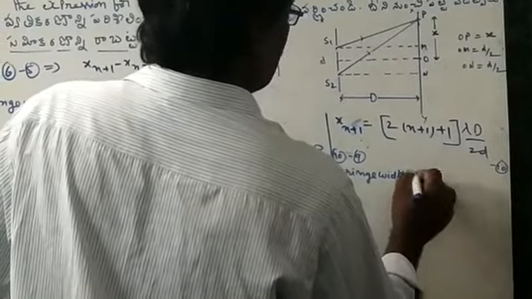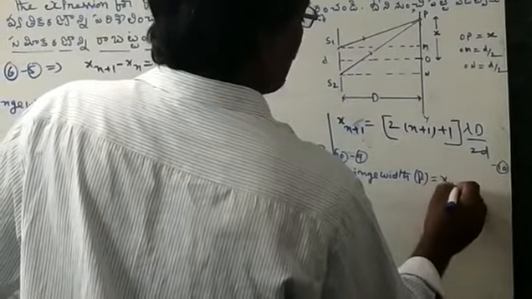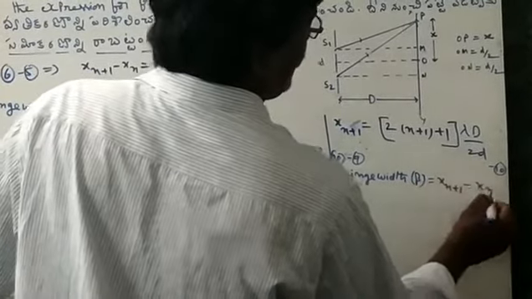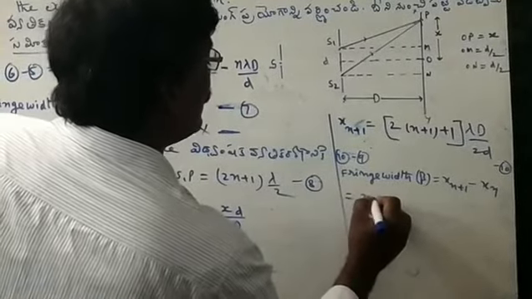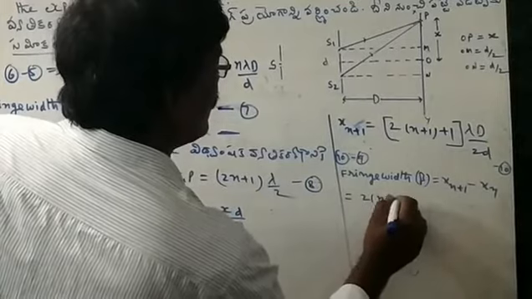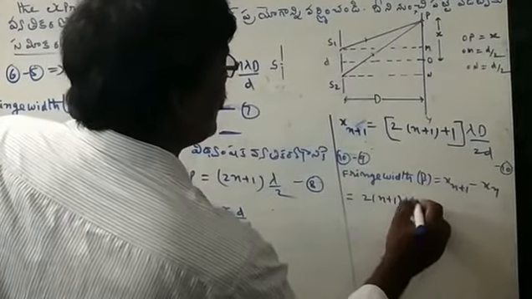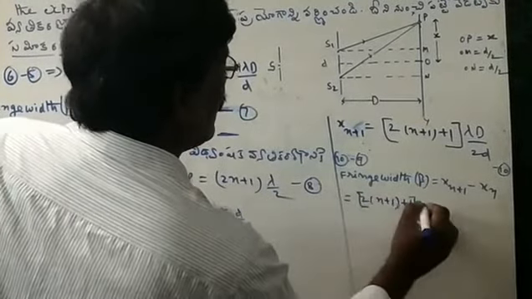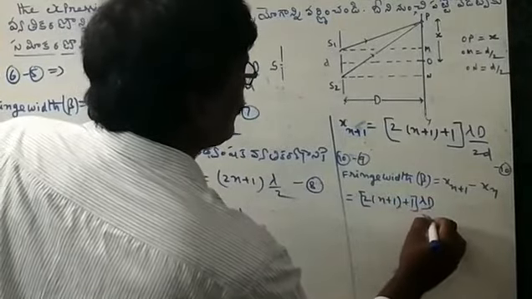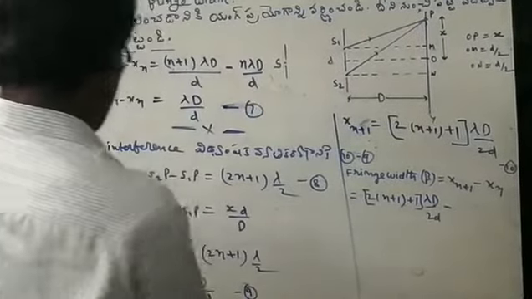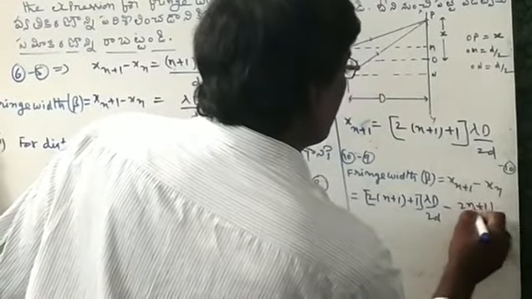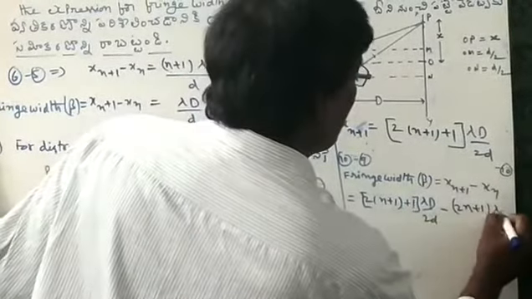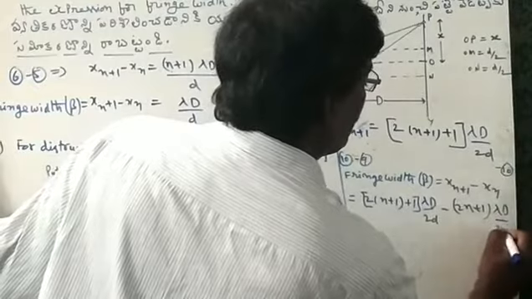Fringe width beta is equal to xn plus 1 minus xn, that is equal to 2 into n plus 1 plus 1 into lambda D by 2d minus 2n plus 1 into lambda D by 2d.